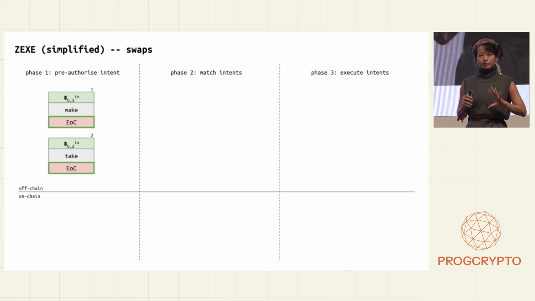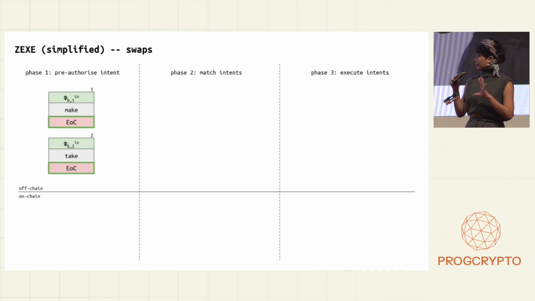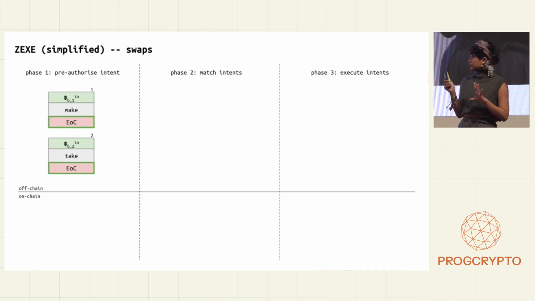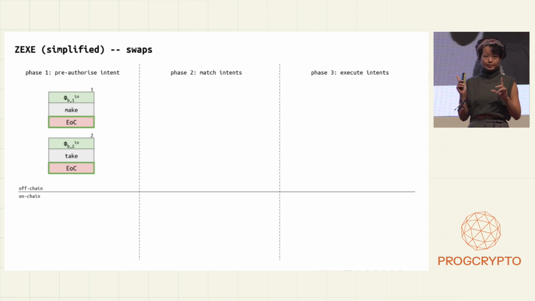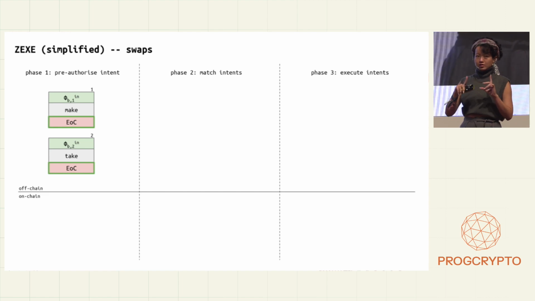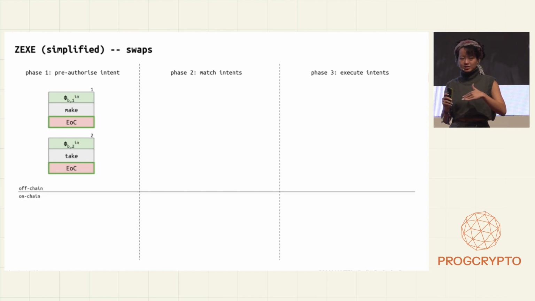And these output records are gated by death predicates that encode the conditions of the trade. So in order to consume these records, they must have access to basically like an exact match.